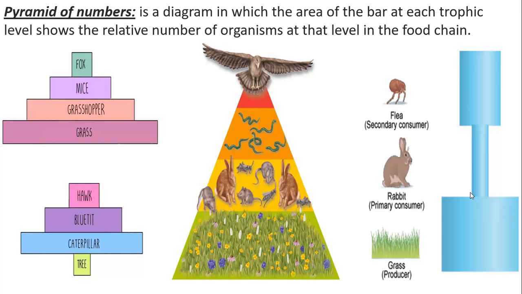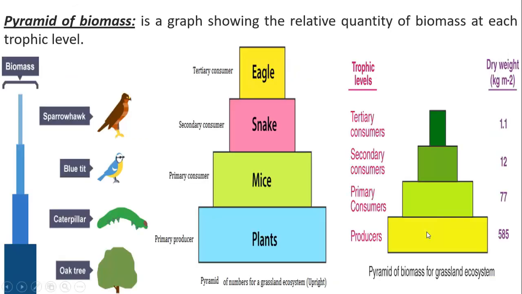But is this accurate? Is the amount of energy in a full tree equal to the energy even in 100 caterpillars? Of course not. The tree has a lot more energy than even 100 caterpillars. So that's why the pyramid of biomass is more accurate. Why? Because it is showing the quantity of biomass in each trophic level.